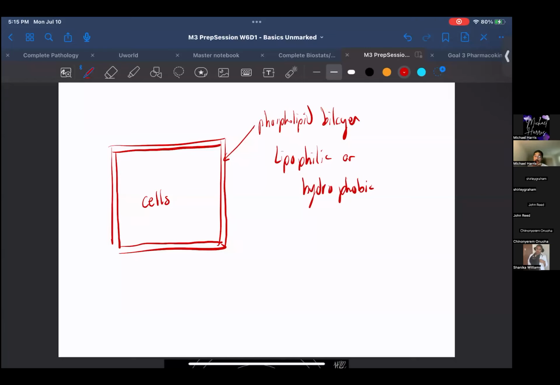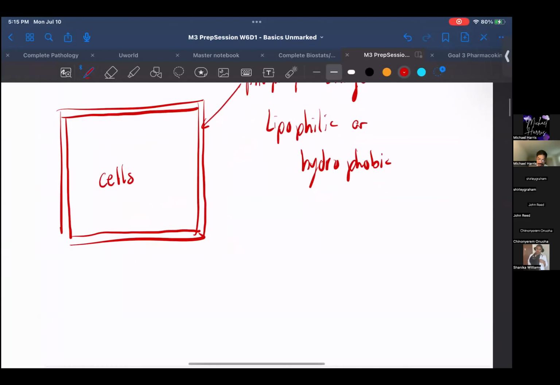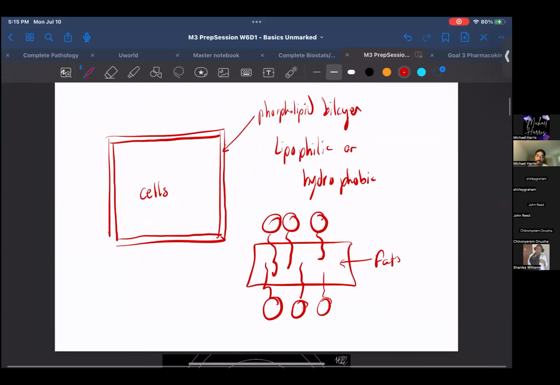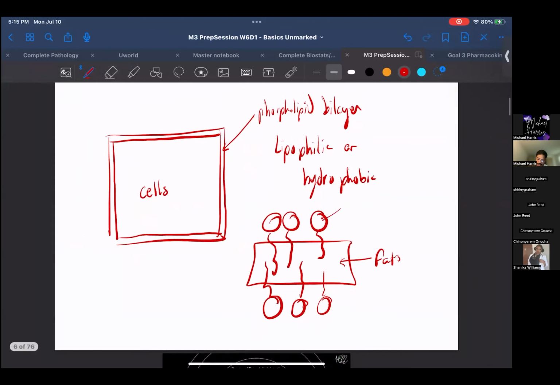Now, the reason I'm saying that is because in the center, if you remember, are fats. And on the outside, on both sides, are your phosphates that are hydrophilic, right?